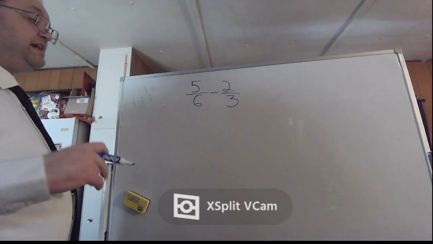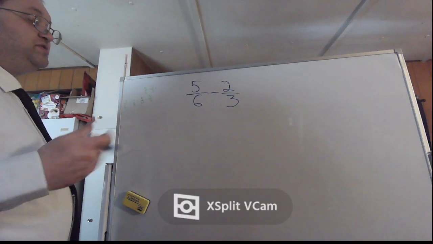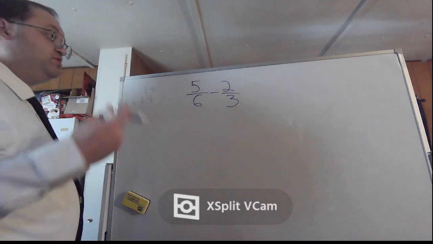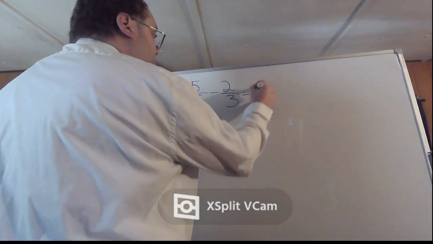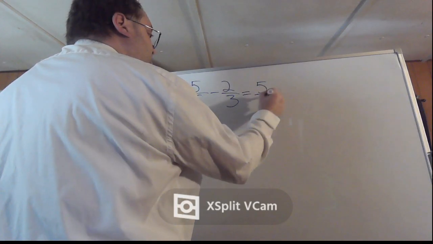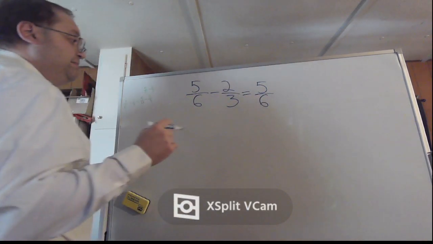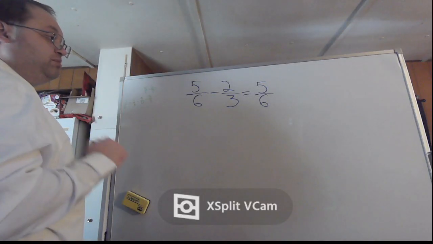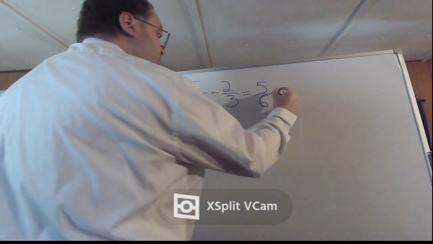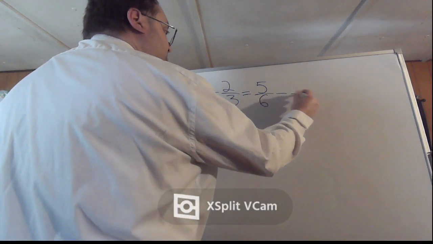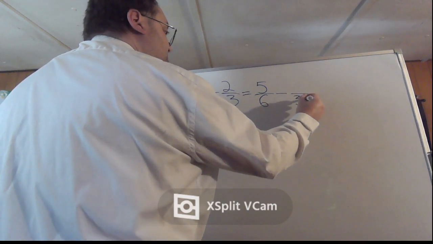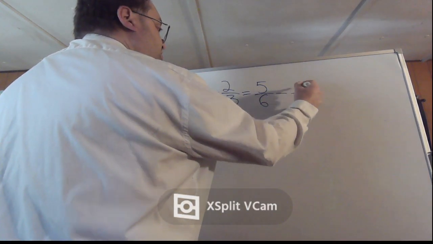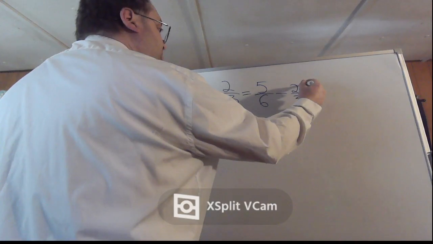So find the least common denominator. 3 is a factor of 6, so it looks to be that 6 will be your least common denominator. So we can leave the 5/6 alone because that's already in the least common denominator form, but we need to turn that 3 into a 6, so we'll have to multiply that by 2. So you have 5/6 minus, in the denominator, 3 times 2, but we'll have to do it to the numerator, and 2 times 2 will be in the numerator.